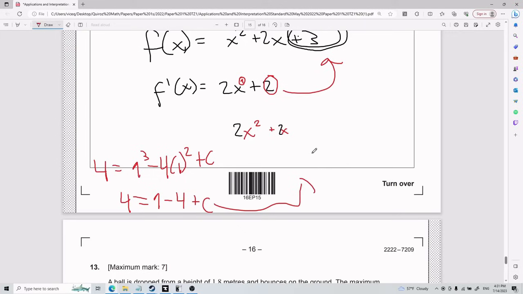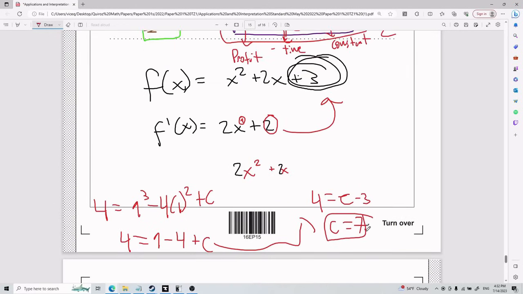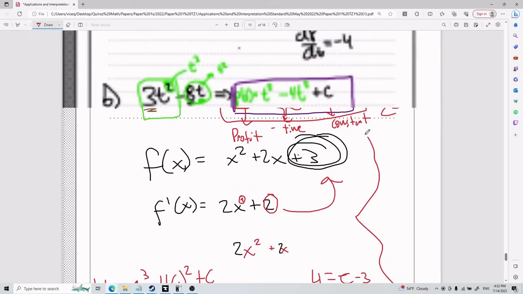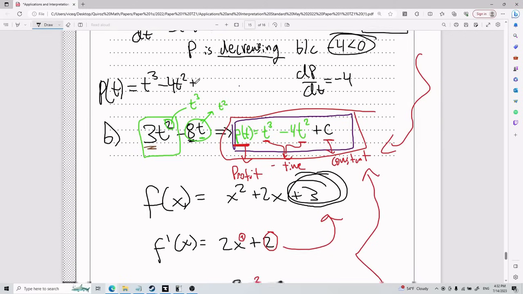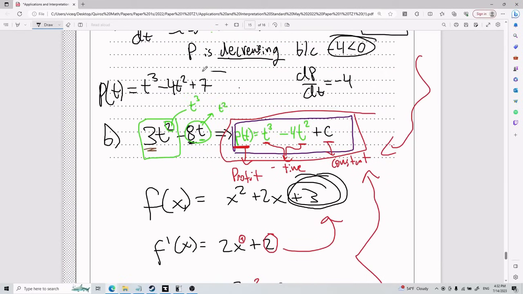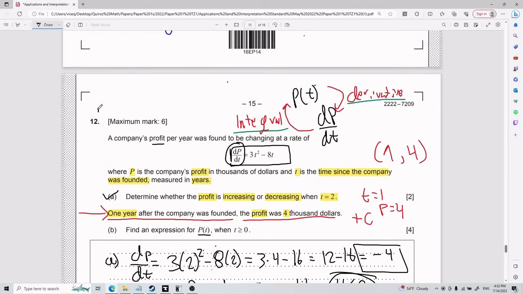That tells me that we have 4 equals c minus 3, which means that c equals 7. So now that I found that c equals 7, I'm plugging it back to my thing in purple. And my last thing that I'm going to do is that P of t equals t cubed minus 4t squared plus c. We said that c was 7. This is for part B. And that is for number 12.